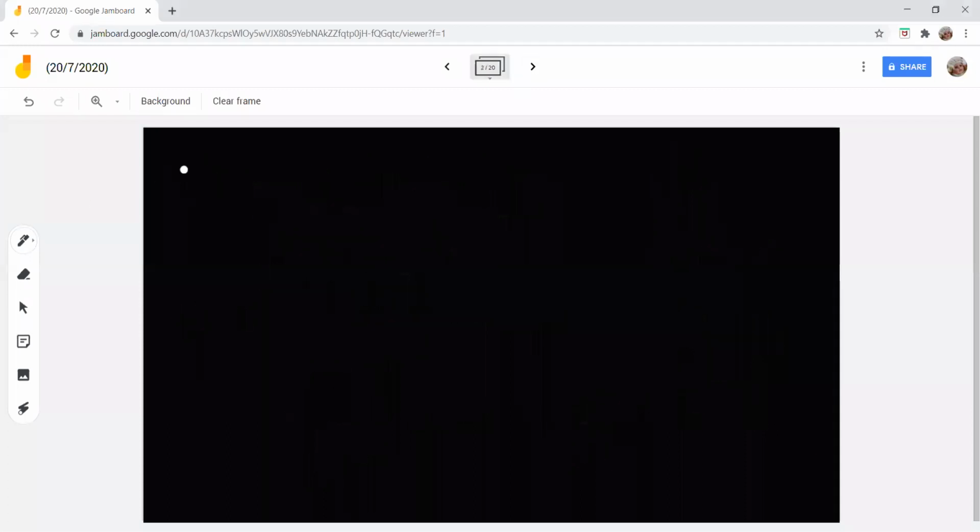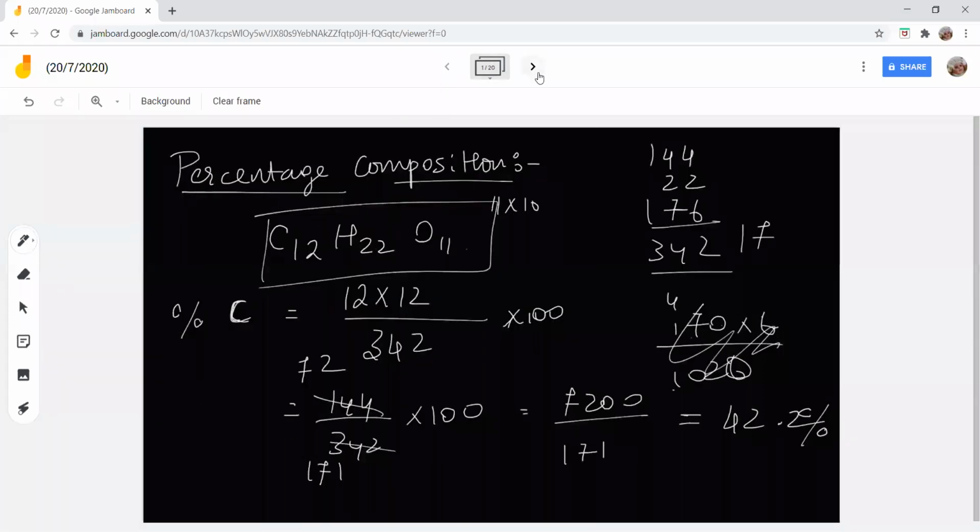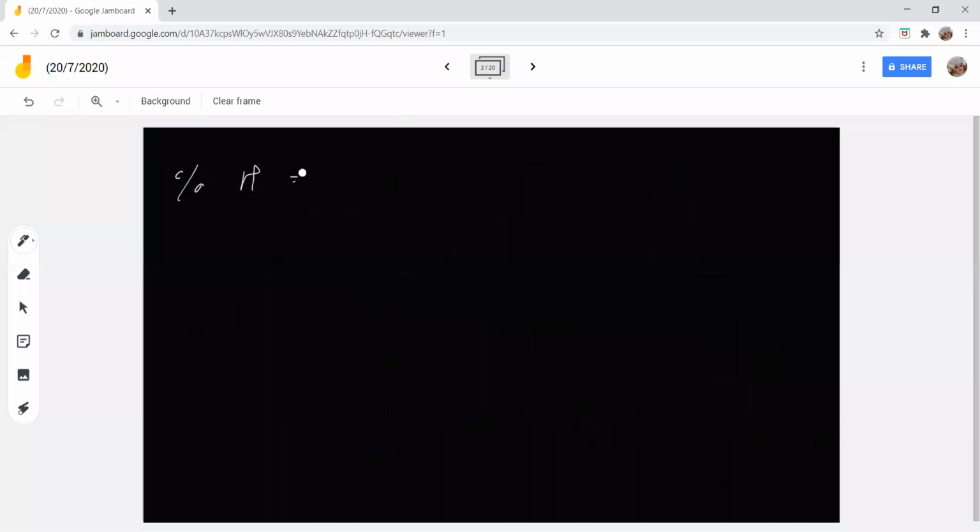the percentage of hydrogen: you have 22 hydrogens. The mass of 1 mole of hydrogen is, I'm sorry, 1 gram. So 22 into 1 gives 22 divided by 342 into 100. 11 times, and here 171, so 11 by 171, which is 1100 by 171.